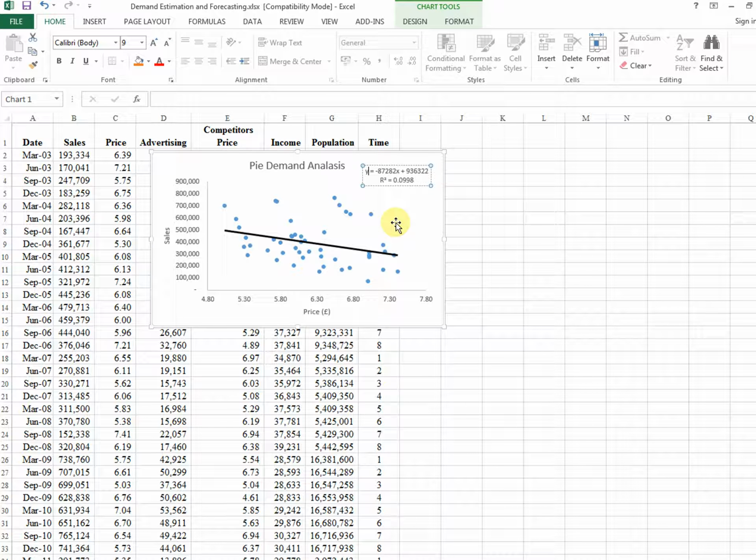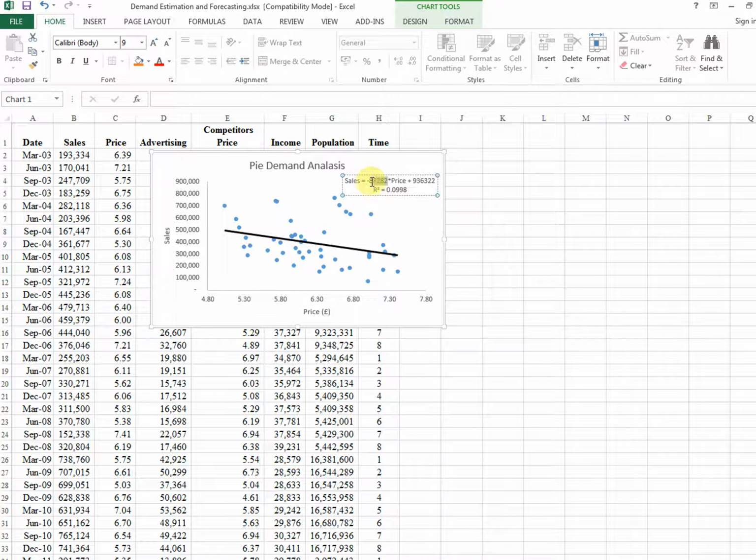So y-axis was sales, and this is negative this number times x-axis, and x-axis, if you remember, was price, plus some sort of value here, and r squared. So basically what this relationship tells us is this: if the pie price increases by £1, the demand for pie declines by this much, this negative value here.